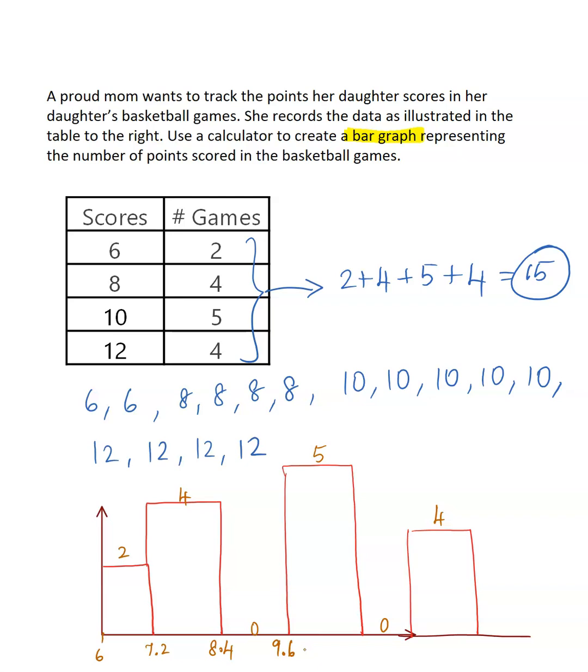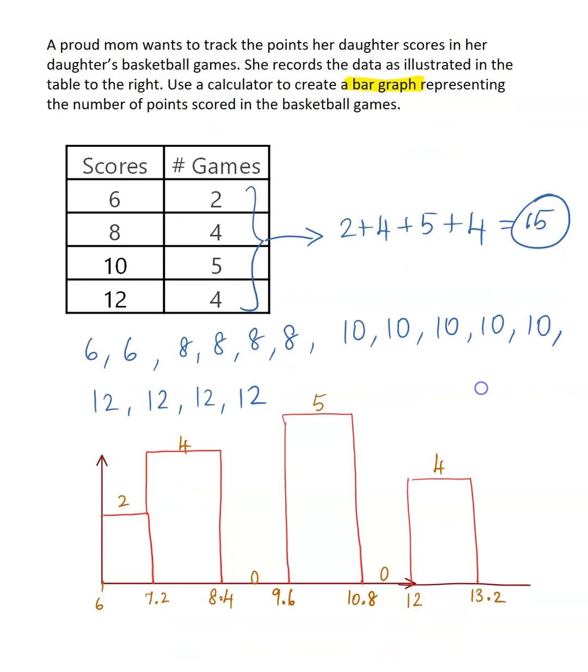So if I want to specify class, then I would have to make those changes in the window option. Okay. And the maximum value was 12, so it went up to 13.2. So we do have the minimum and the maximum. But again, as I mentioned, adjust the window so that you get the corresponding bars adjusted to reflect what you want to see as whole numbers instead of these decimal partitions.